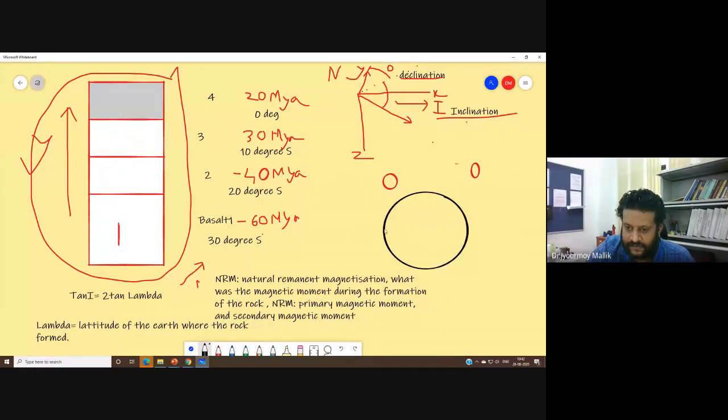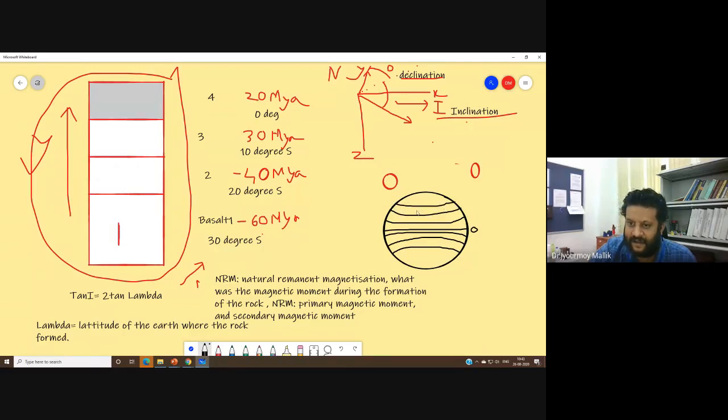This is 0 degrees, this is 10 degrees south, 20 degrees south, 30 degrees south, 10 degrees north, 20 degrees north, 30 degrees north.